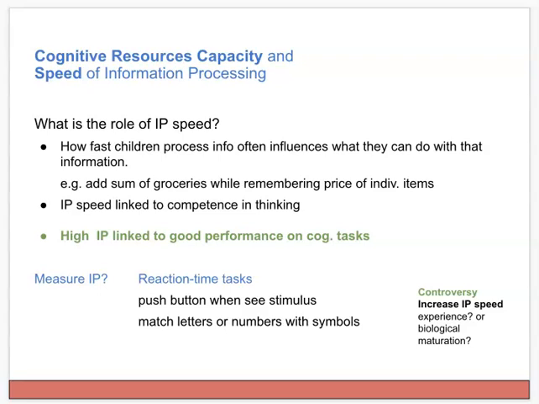So how do you measure IP? Typically, you have reaction time tests. They're the 2 basic ways of doing it. So for example, push a button when you see a stimulus, and it's just your reaction time, right? And then another one that's a little bit more complicated is you're matching letters or numbers with different symbols.